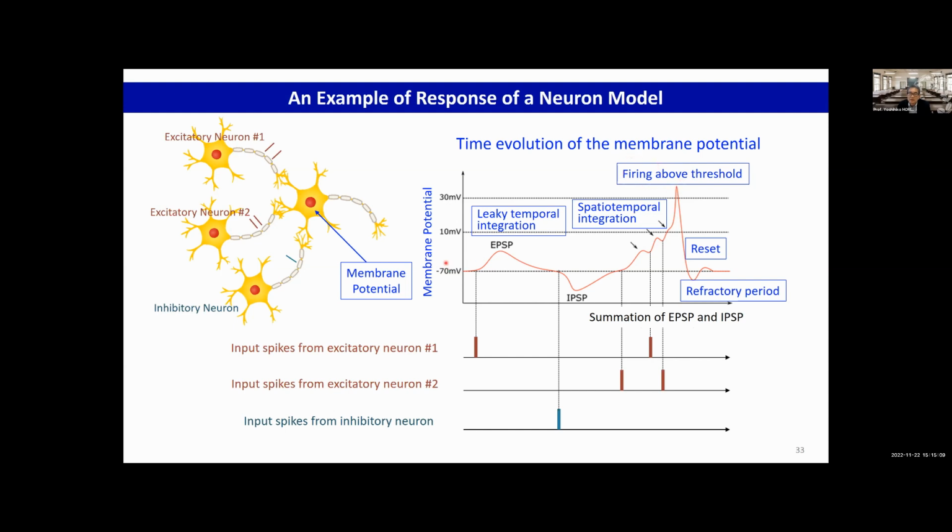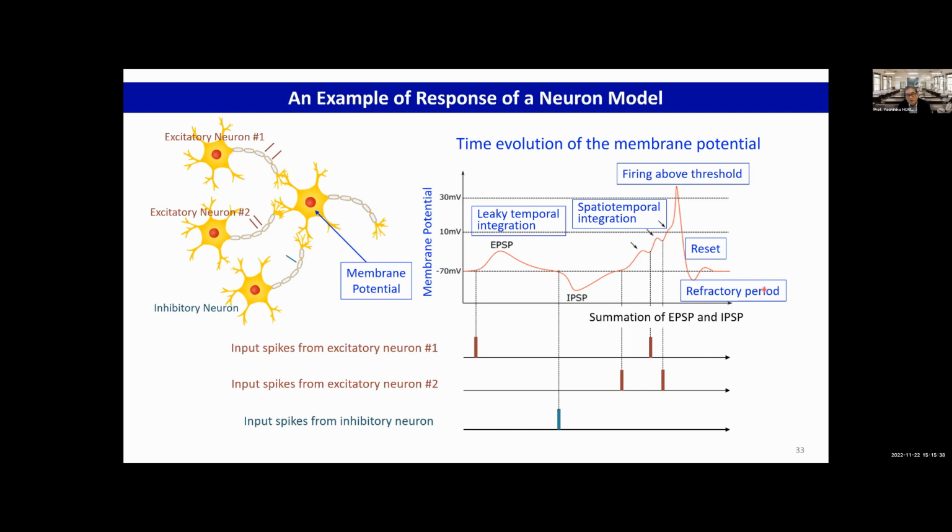Then the membrane potential rapidly decreases toward the resting potential, but usually this goes down over this potential. This overshoot gives the refractory period of the neuron.